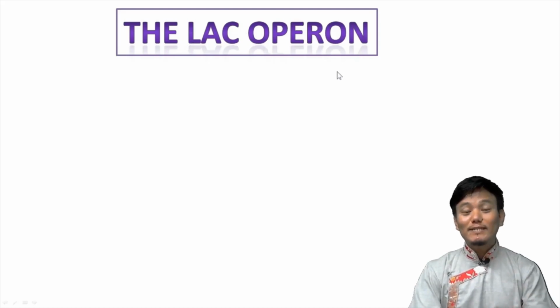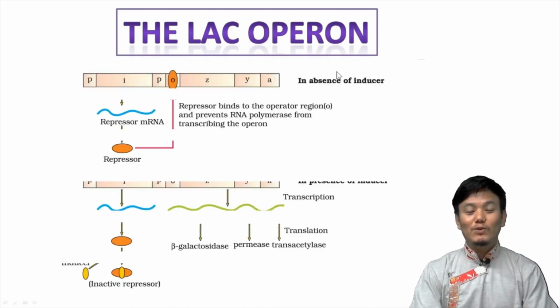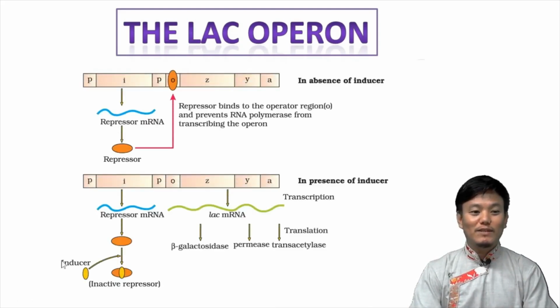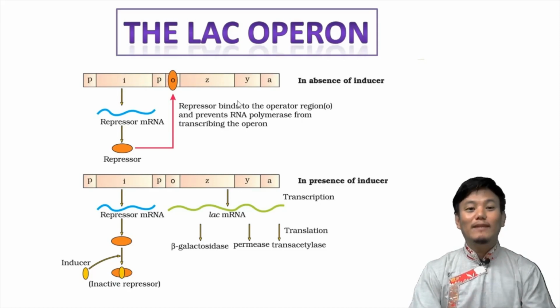In order to understand the regulation process, you need to understand this particular diagram thoroughly. You should study this diagram given in your textbook thoroughly, and you should be able to explain it if it is asked in your examination. There are two scenarios given over here. One scenario is in the absence of inducer.